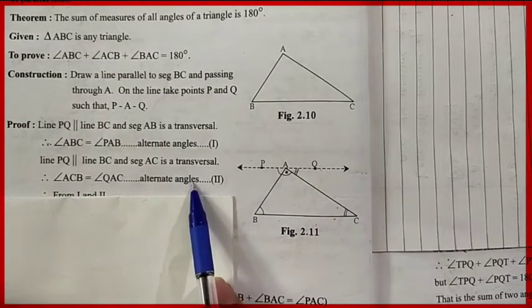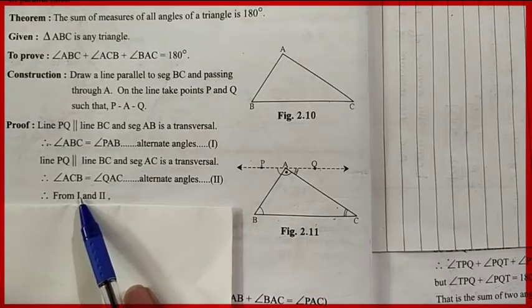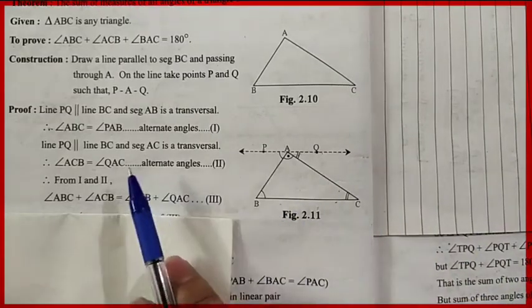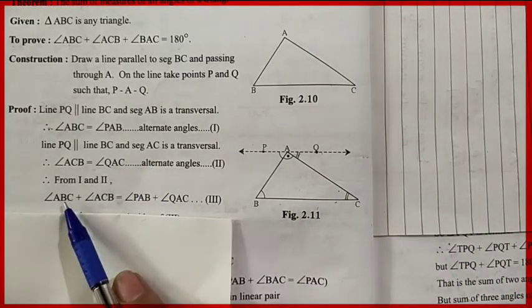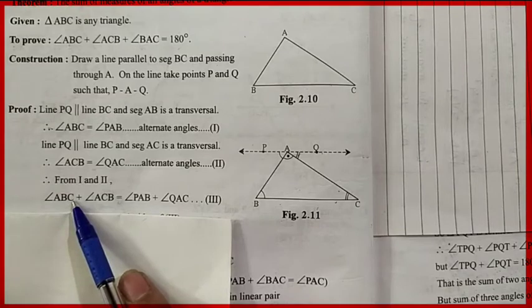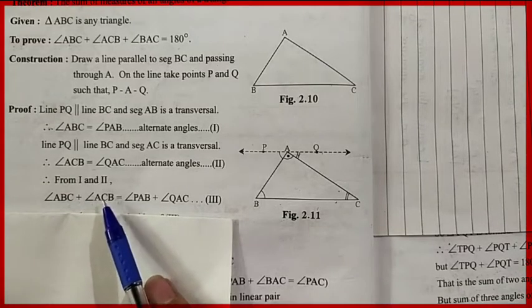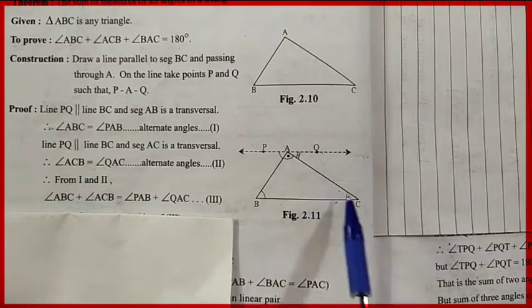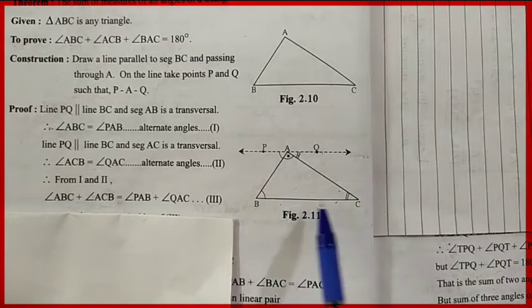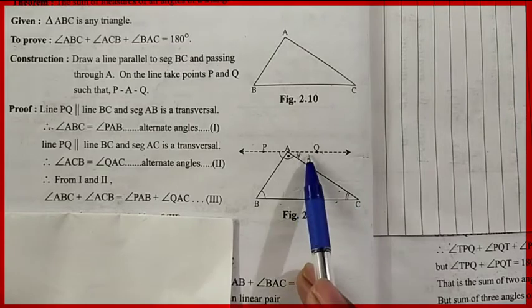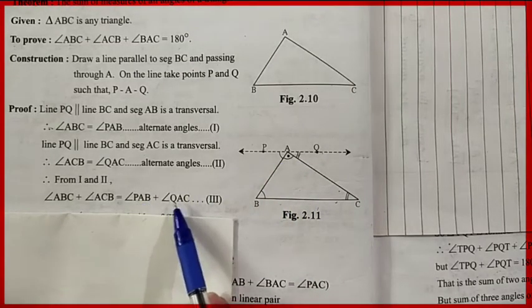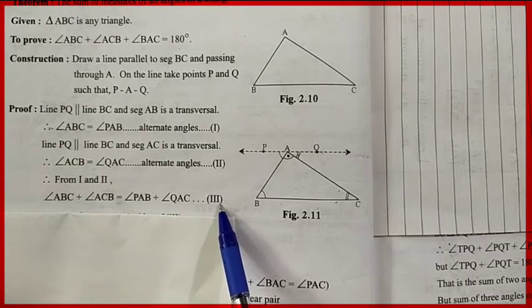So by the alternate angle theorem, therefore from equations 1 and 2, we can say that angle ABC plus angle ACB, that means this angle plus this angle equals this angle plus this angle, that is angle PAB plus angle QAC. So this is our third equation.